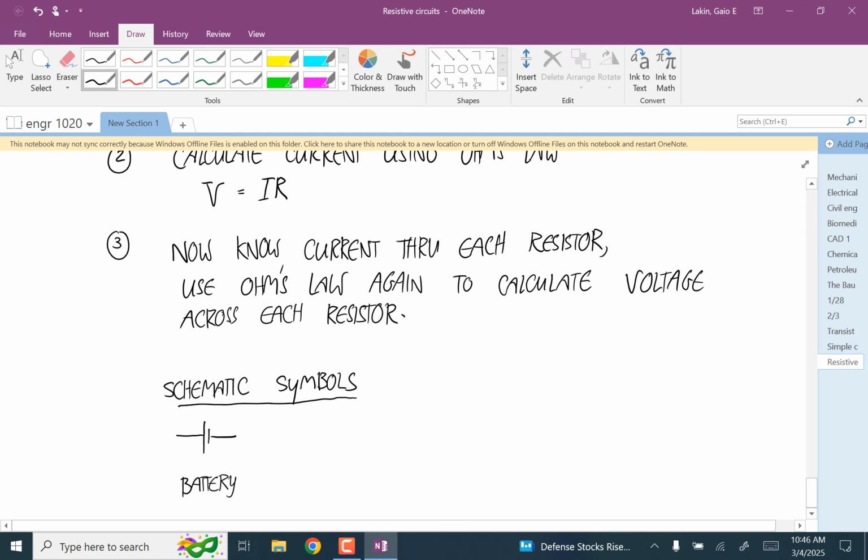And the long side is the positive, the higher electric potential. The short side is the negative. So it won't usually show the positive and negative, but that's what those long and short sides mean. Three jagged things like this, that's a resistor.